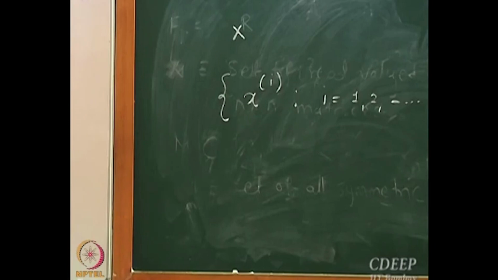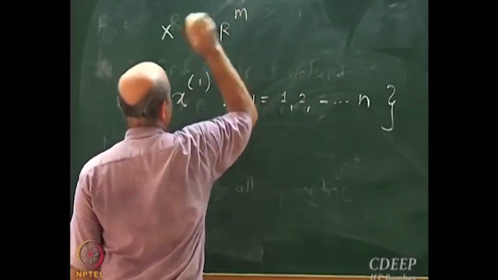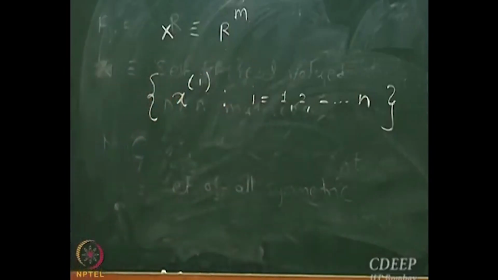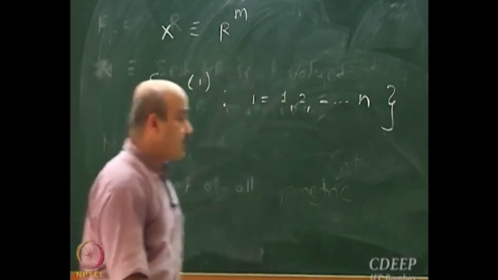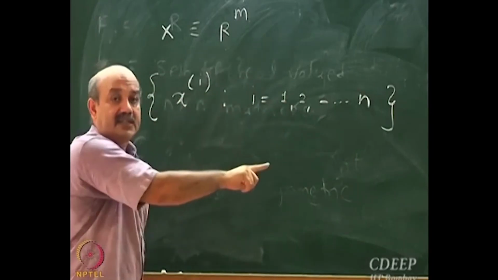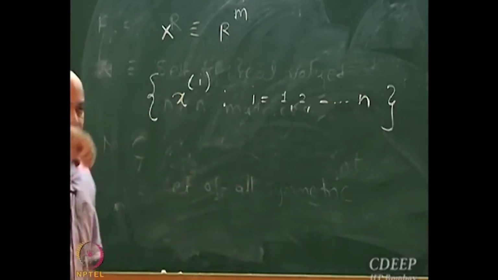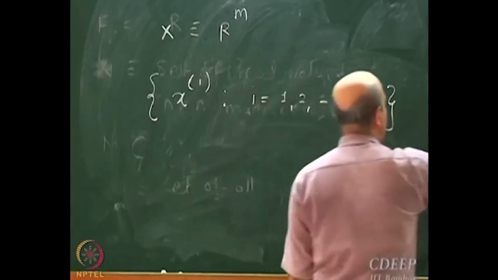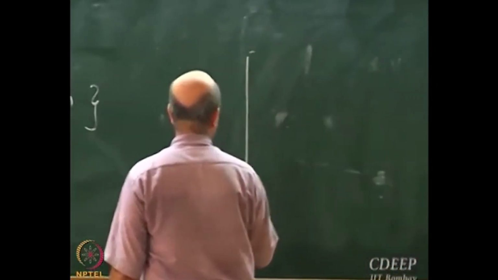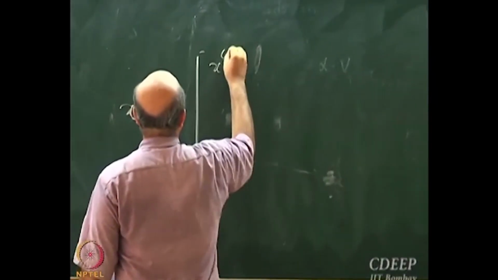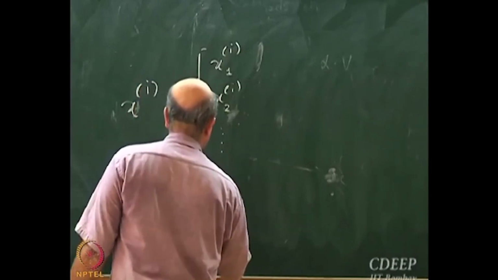It is quite possible that my set is nothing but R^m, so m-tuples. There are n vectors, and each one of them is an m-tuple, where I'm going to define x^(i) as x^(i)_1, x^(i)_2, up to x^(i)_m.